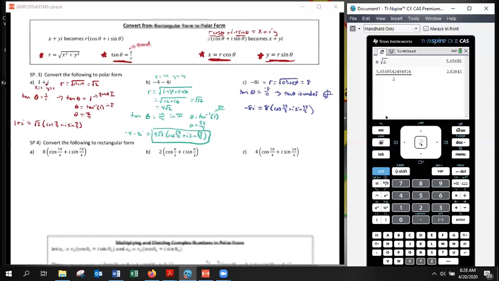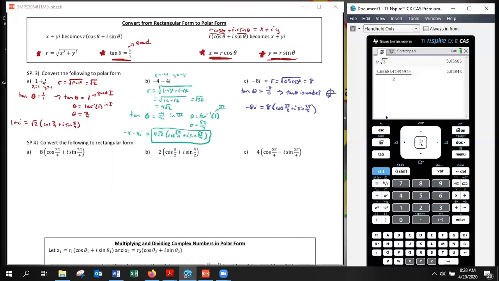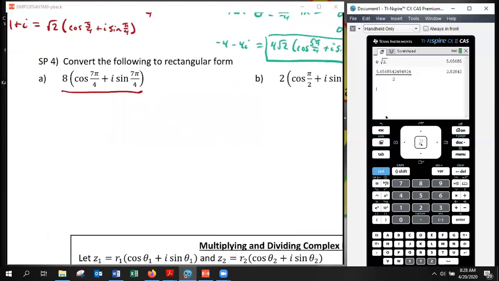All right. Now let's do our conversions backwards. If we have this polar form, we're going to go to our rectangular form. Honestly, it's just easier to distribute first, kind of like I showed you on that mini proof up above. So cosine of 7 pi over 4, so 7 pi over 4 is in quadrant 4.